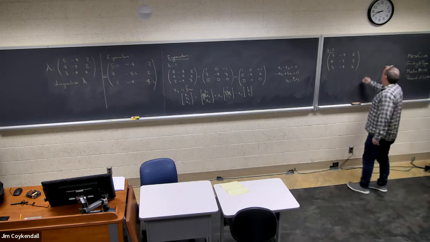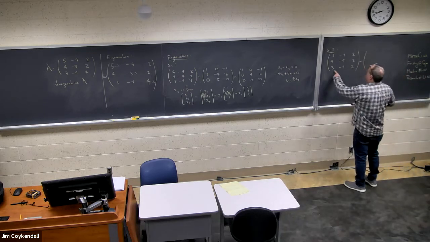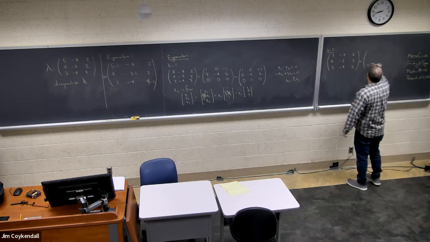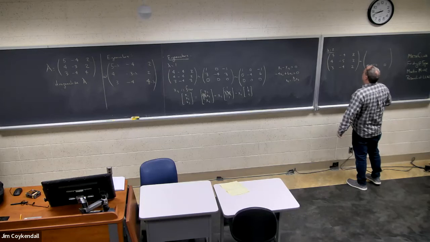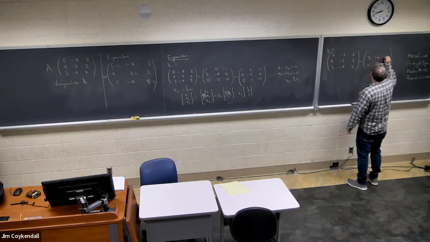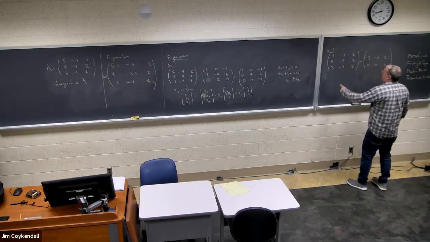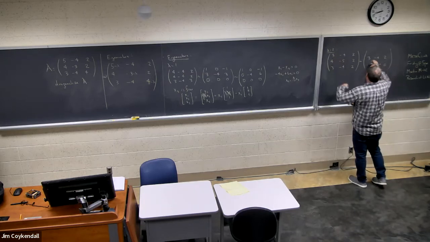Notice that I have these 2 rows the same, so I'm going to make the bottom row zeros. So I'm going to kill one of these, and I'm going to put 3 minus 4, 2 here. And I'm going to take minus 1 times this and add it to this.